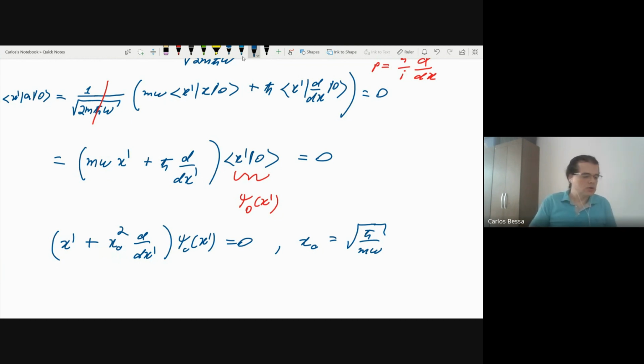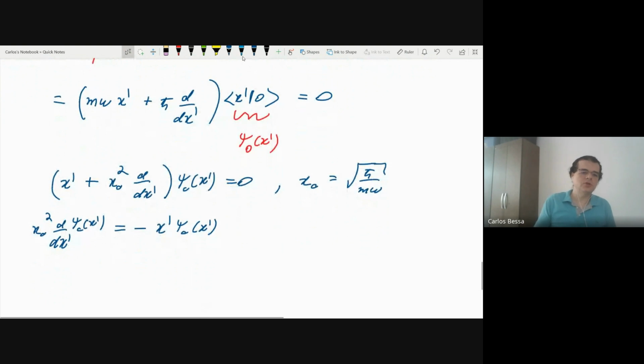Okay, so we have an equation of this type: x0 squared d dx prime psi 0 of x prime is minus x prime psi 0 of x prime.